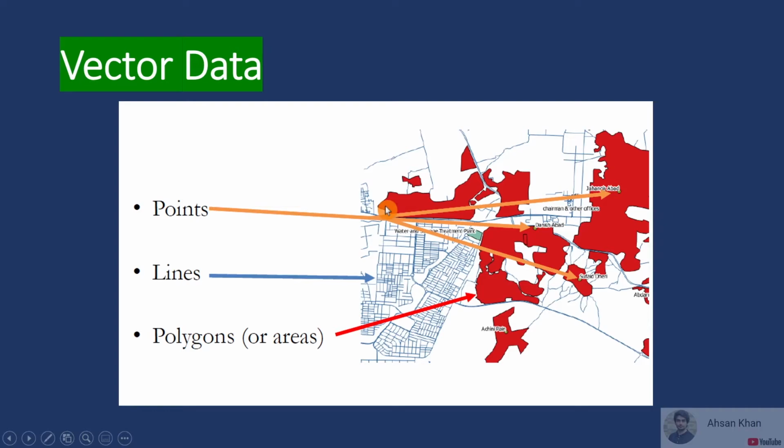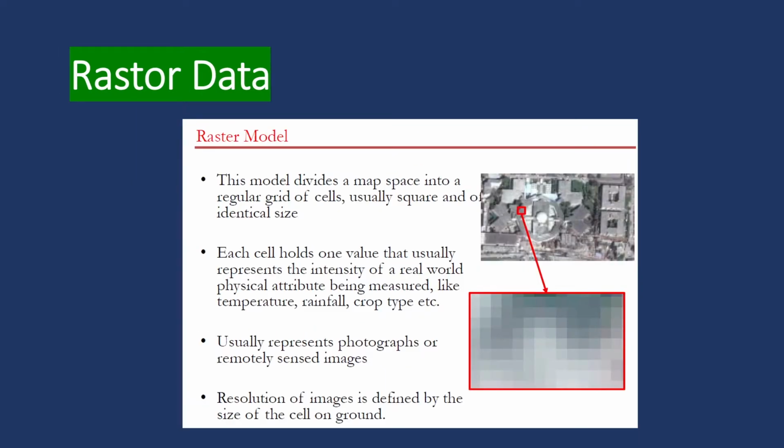They are just shapes, and that's why you can zoom into this data without losing the quality of the image, because they are just colors. Now raster data represents realistic images or realistic information in the software, in ArcGIS.